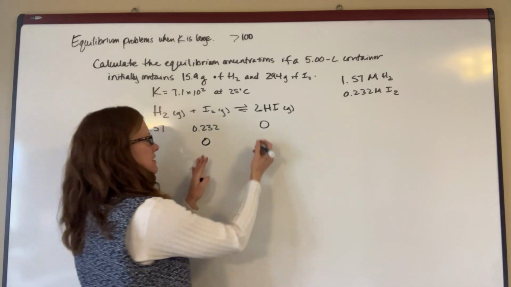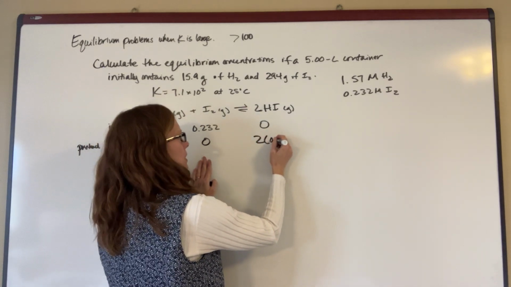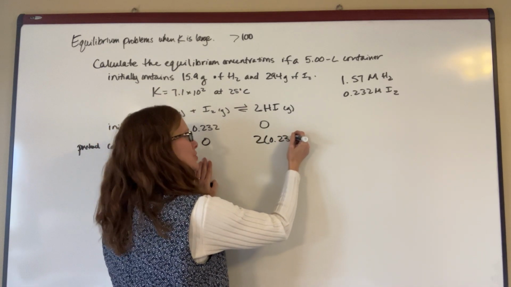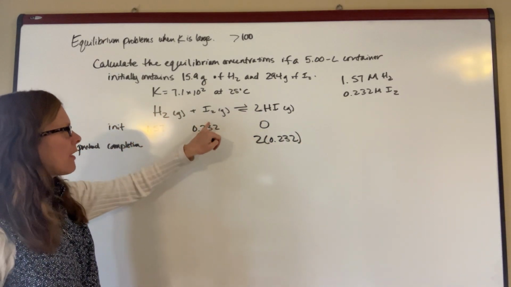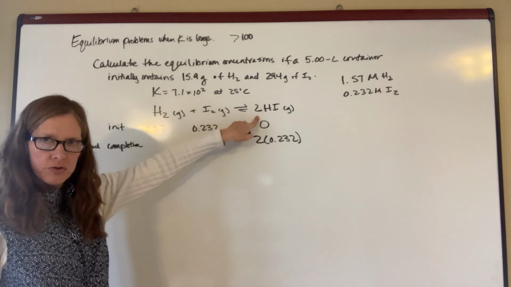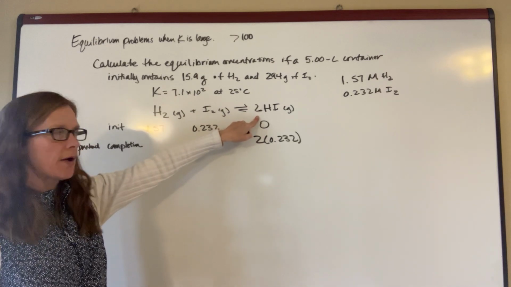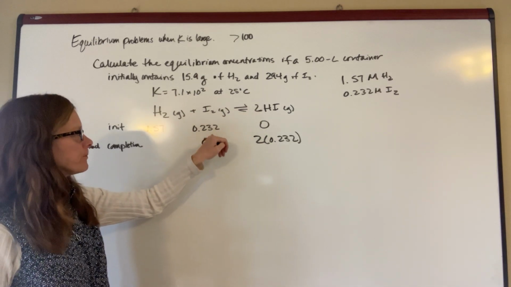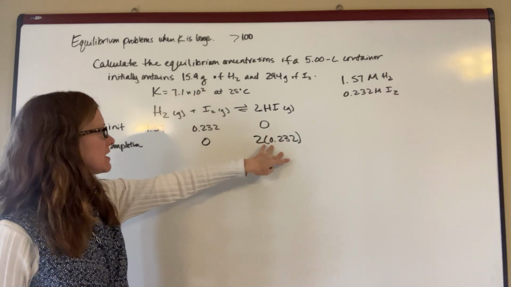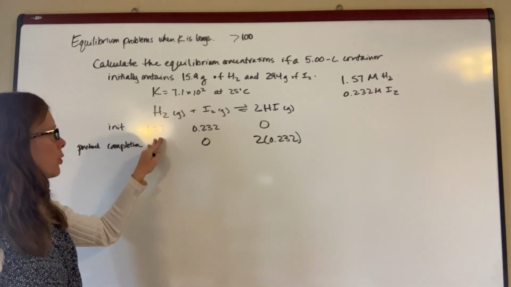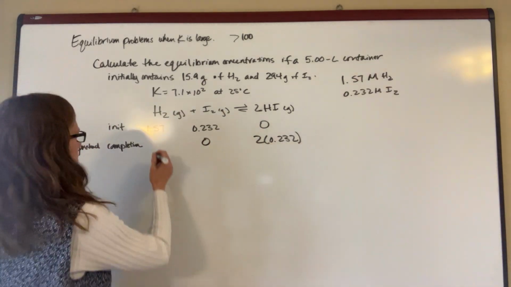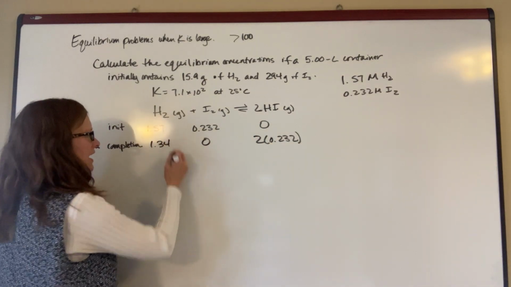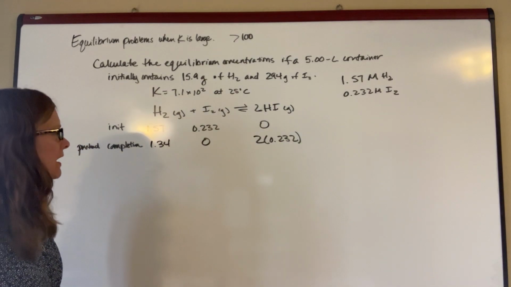And that means that I'm going to have 2 times 0.232 on this side. Now, why 2? Because for every 1 mole of this, I make 2 moles of this. Okay, again, one of those places where you have to watch your coefficients. So I'm going to have 2 times this. This, I'm going to have 1.57 minus 0.232, which is going to give me 1.34. So that's going to be at completion.